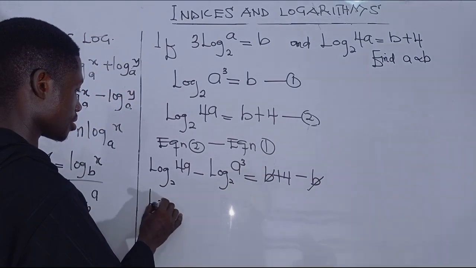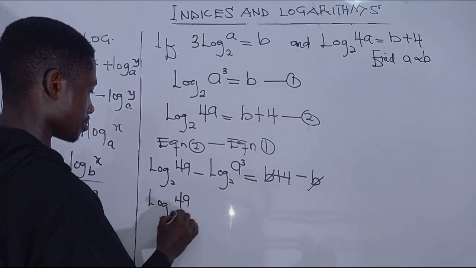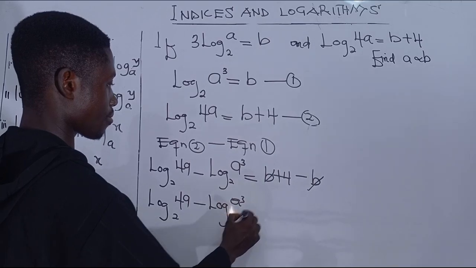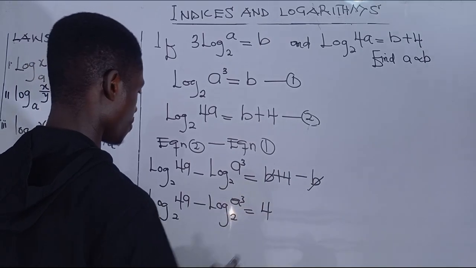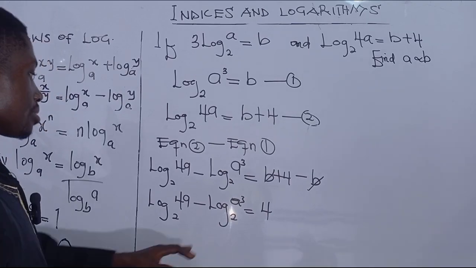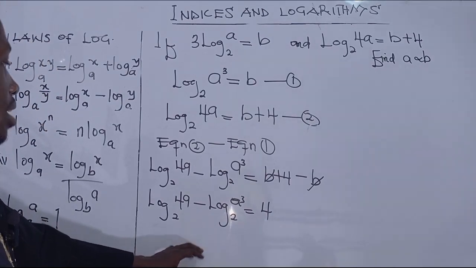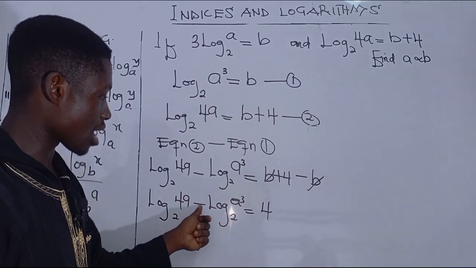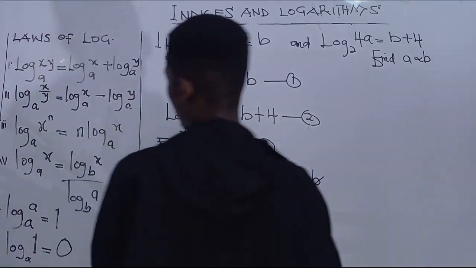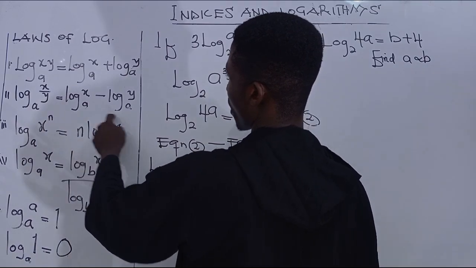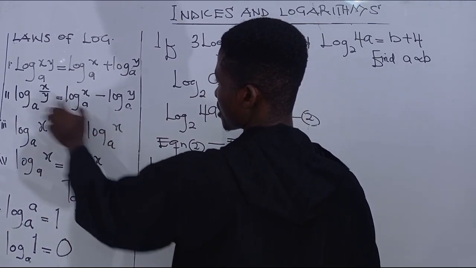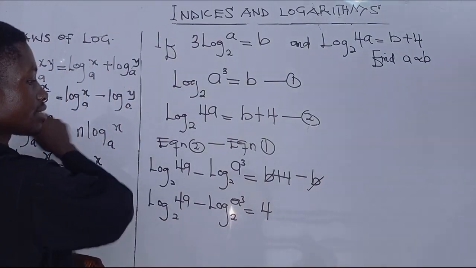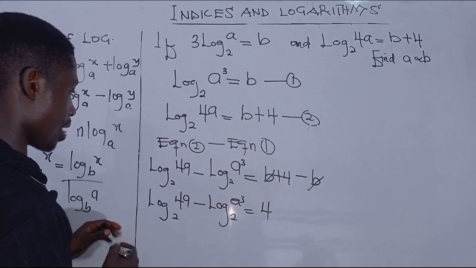We have our log is equal to 4. So at this very part, you can see that we have log to the base of 2, log to the base of 2, with a minus sign. So we can apply the division law for logarithms.